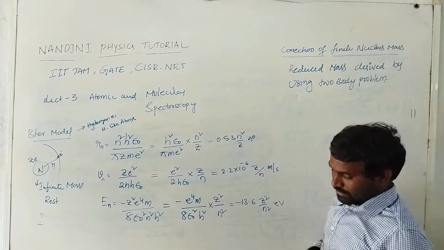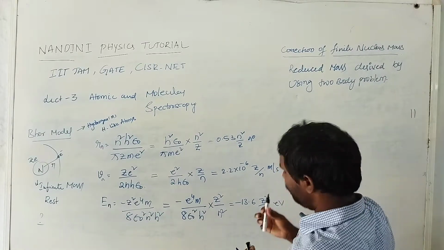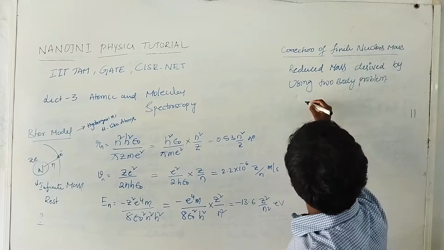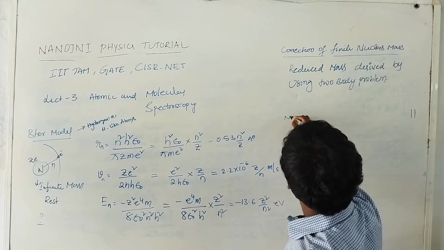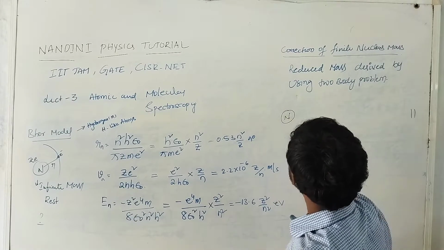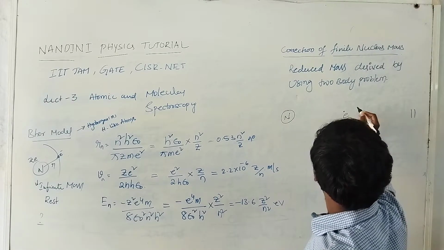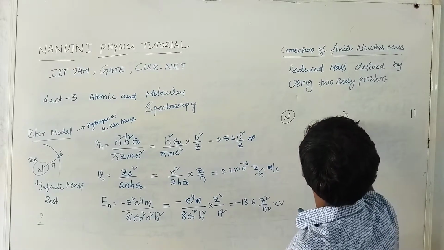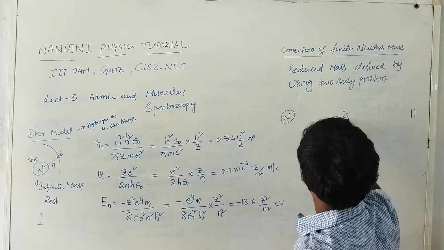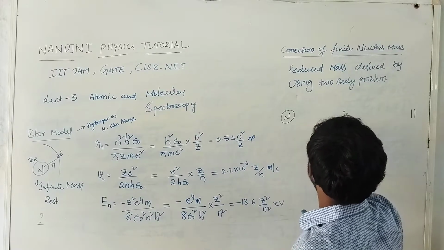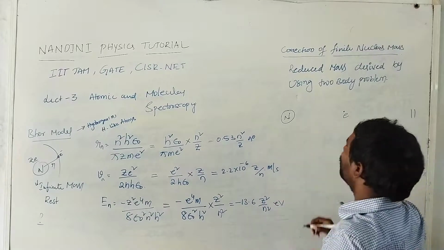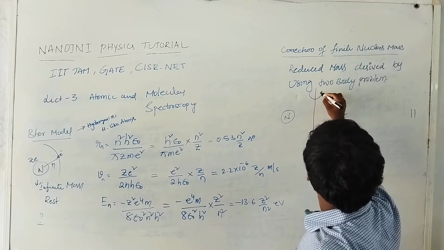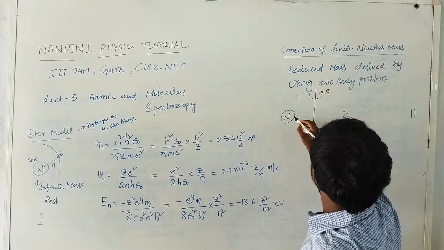For that purpose I draw the same diagram once again. This is the nucleus and this is the electron, and the electron is revolving around the nucleus. It was considered that there is a center of mass between the nucleus and the electron, so both rotate with angular velocity omega.